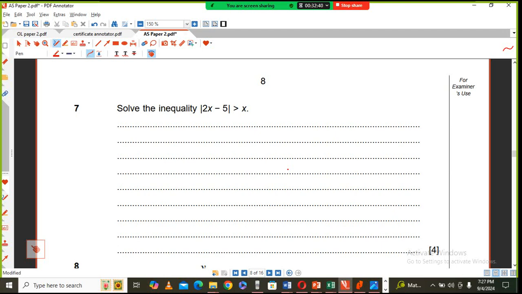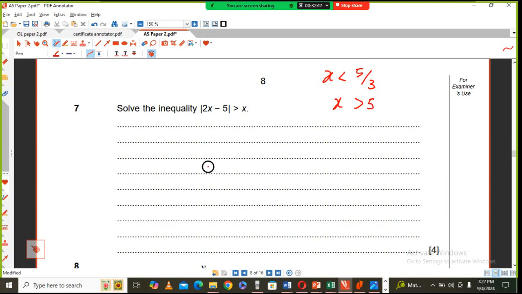X is less than 5 over 3, and X is less than 5. Is it not greater than 5? Yeah, greater than.